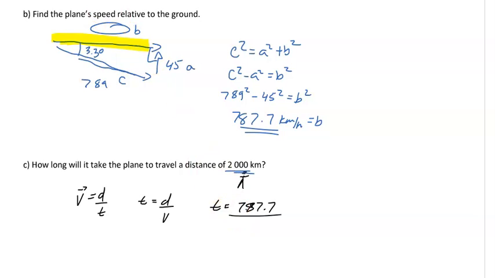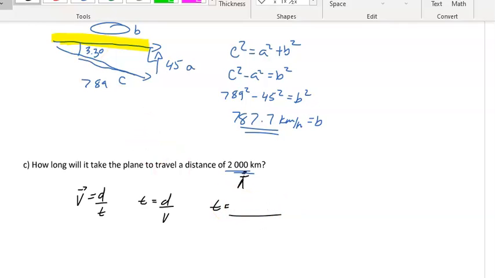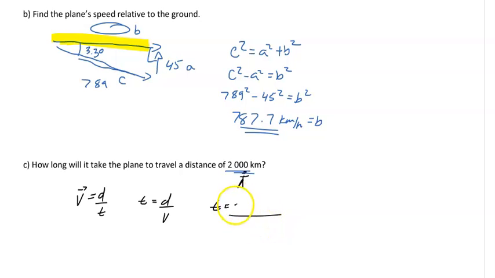Wait, that's a velocity. My mistake. Distance over velocity. Well, the distance or displacement is 2,000 kilometers divided by 787.7 kilometers per hour. We're looking for time.